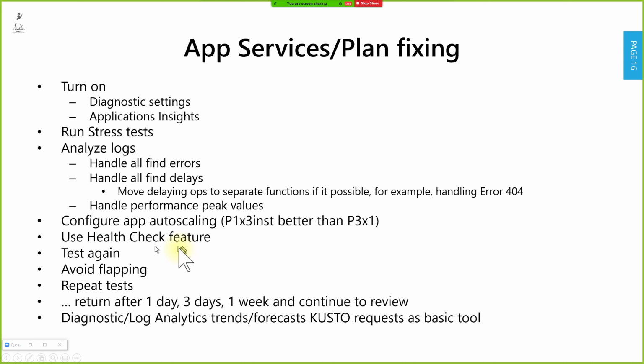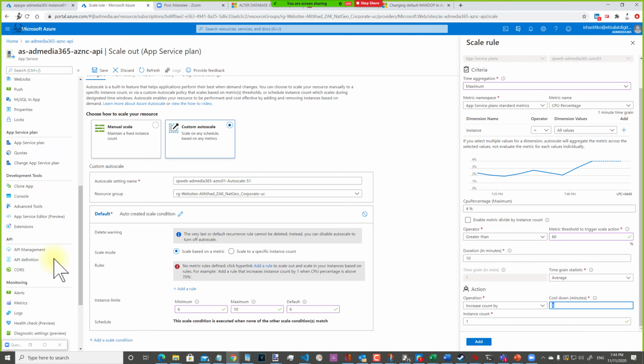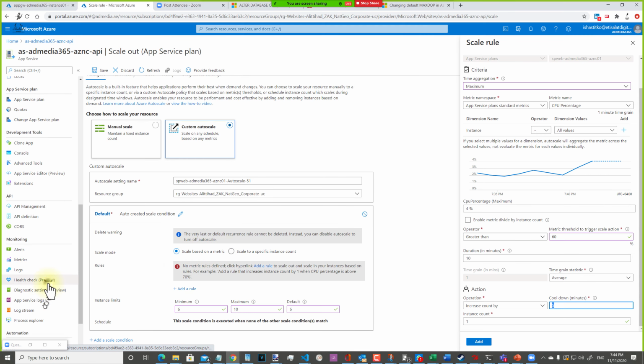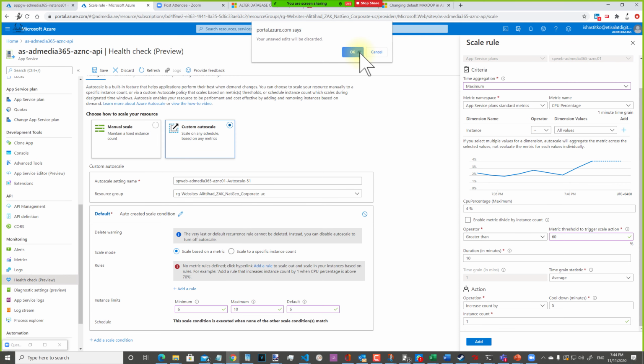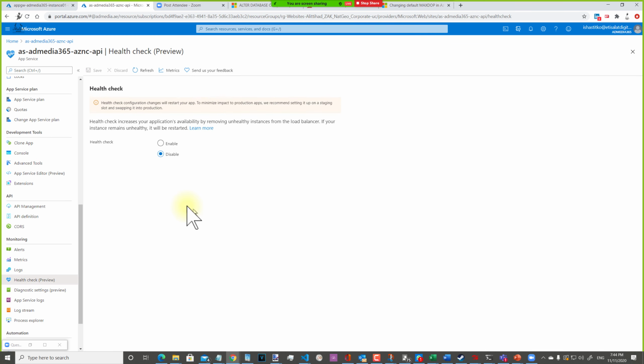Please use health check. It's a new feature, really important and really good to use with a critical application. You can turn on health check and put some path that you want to check. It could be the root, it could be some request to know not only that the website is open, but maybe a request to the database that should send back some value, etc. And what will happen?